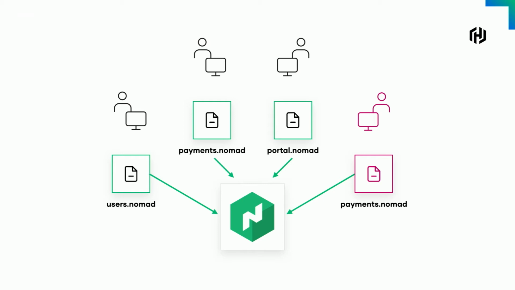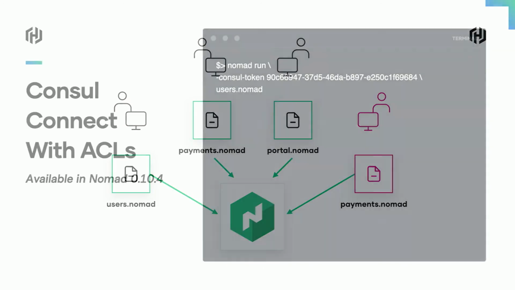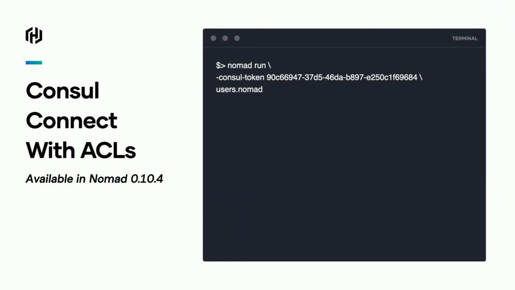Whereas Console's ACL system is more based on who can submit what services with what names or prefixes of names and whatnot. Now, like I said, Nomad has supported Console's ACL system, but Nomad servers get a privileged management token, and they create the service registrations on behalf of the user submitting the job to the cluster. So what we wanted to do was have a way for Nomad users to submit a job to Nomad with their own Console token.